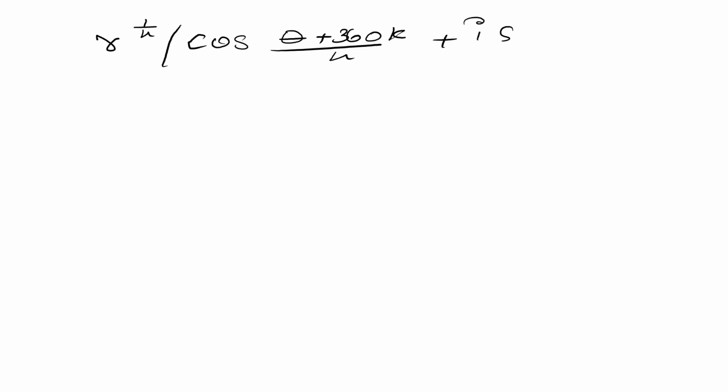One more time, I am writing r to the power of 1 over n, times cosine of theta plus 360k over n, plus i sine of theta plus 360k over n, and close the bracket. You can put the small brackets in.